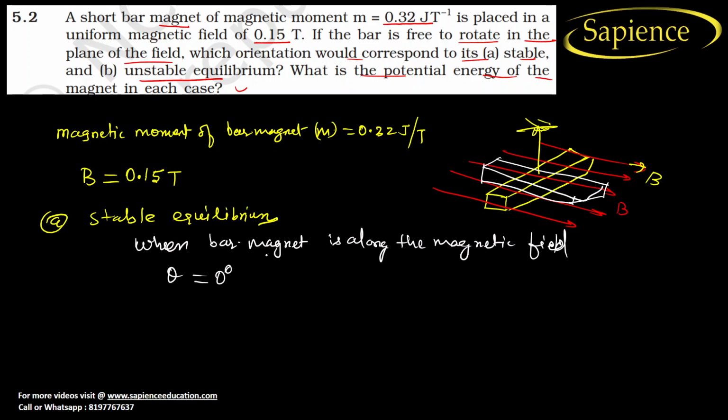Now what they are asking: what is the potential energy of the magnet in each case? So in this case, the formula for the potential energy is what? Minus mB cos theta.